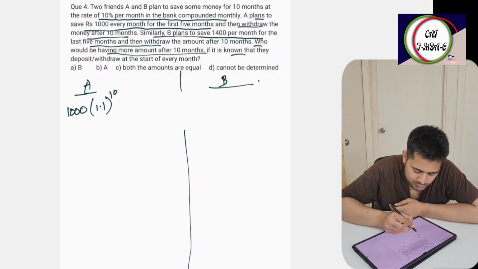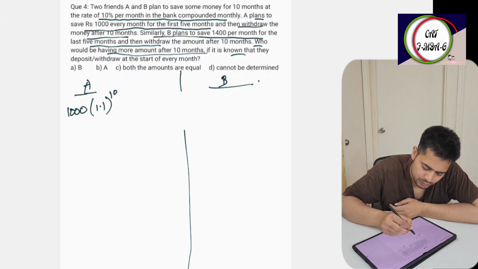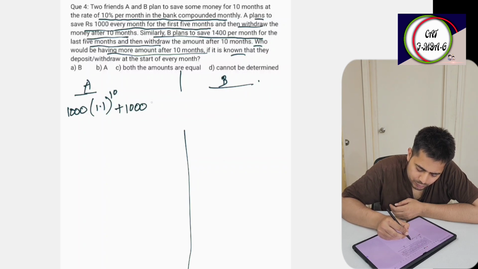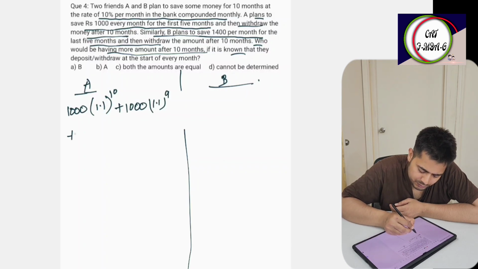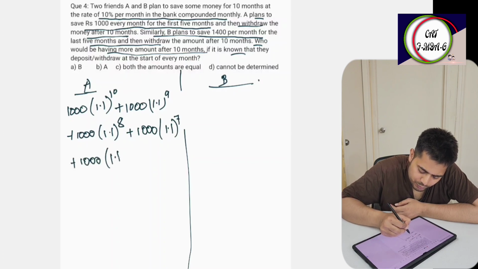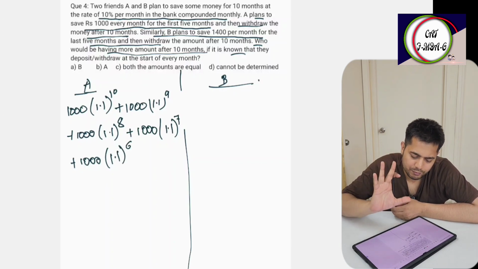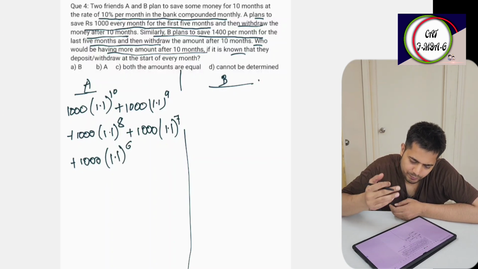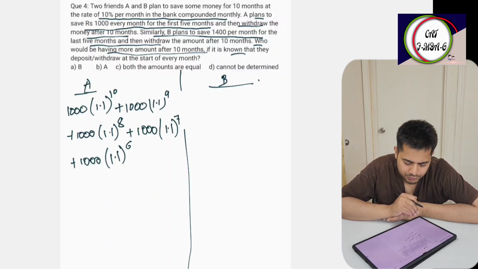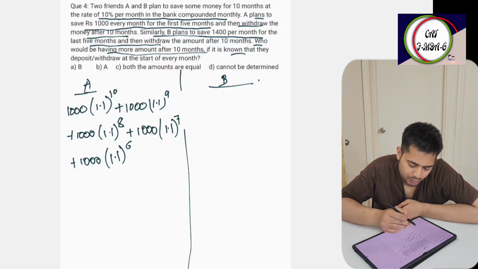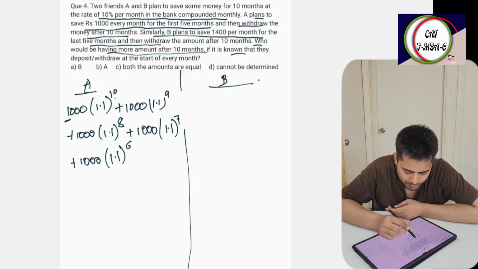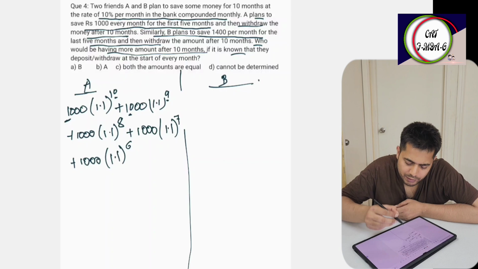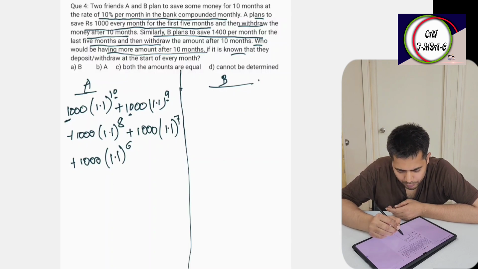Now his second 1000 rupees, plus 1000 into 1.1 to the power 9, plus 1000 into 1.1 to the power 8, plus 1000 into 1.1 to the power 7, plus 1000 into 1.1 to the power 6. These are the 5000 rupees he has saved for the first 5 months, and they are compounded annually. This first 1000 gets compounding of 10 months. This second 1000 gets compounding of 9 months. Now what will happen to B?